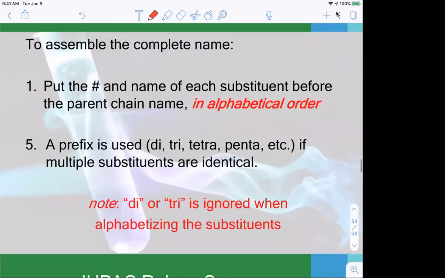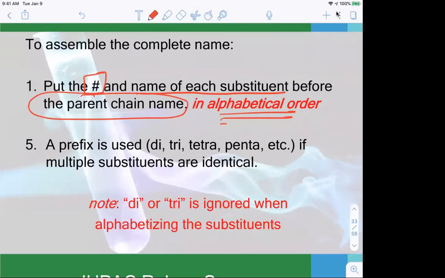So once I identify all the pieces, I've got the numbering down, I know the name of the substituents, I know all of these different things, I'm going to put the number and the name of each substituent before the parent chain in alphabetical order. Now, if I have 2 methyls, I'm going to say dimethyl instead of 3-methyl, 4-methyl, right?